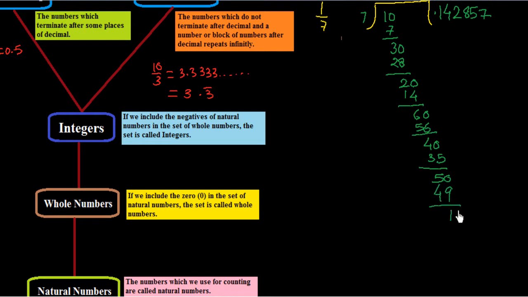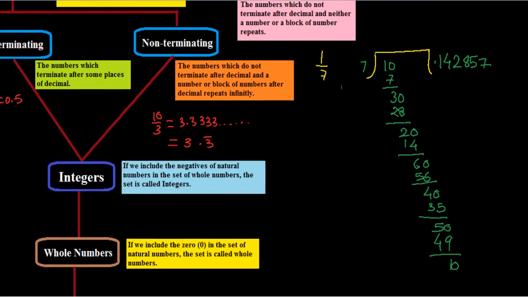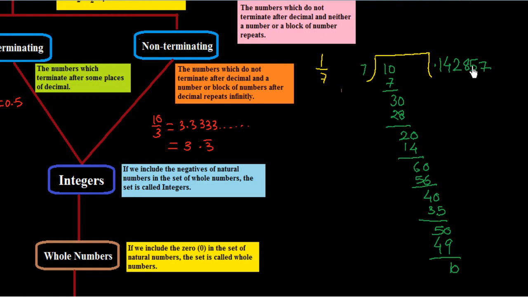Remainder 1. So we again get 10 here. So you see the same thing will repeat again and again because we have got 10 here. The 10 will go through 1 time, then the remainder would be 3, and it will go through 4 times. So this block of numbers 1 4 2 8 5 7 repeats again and again.